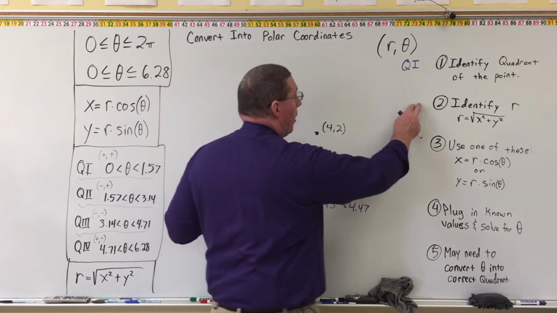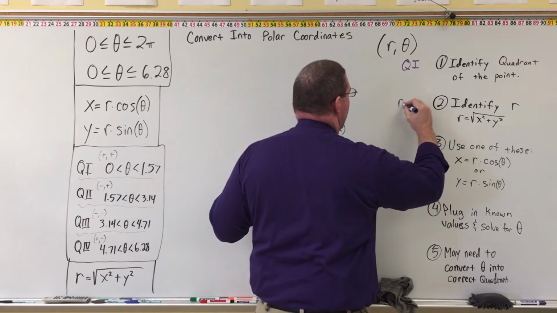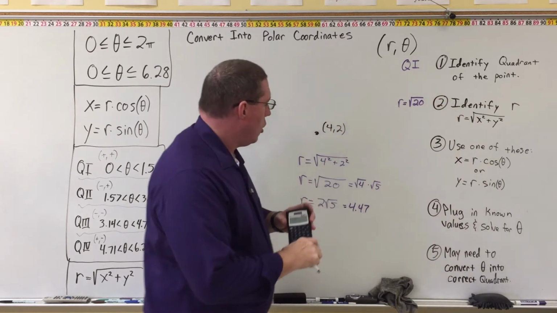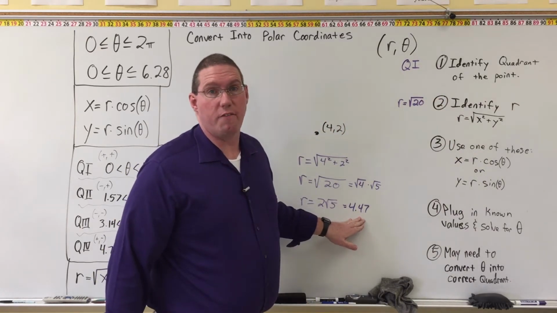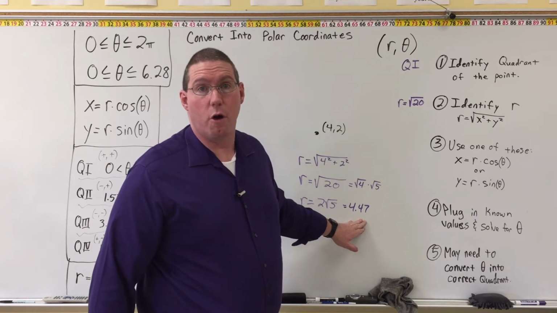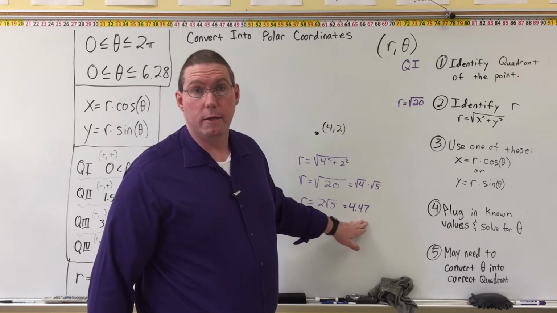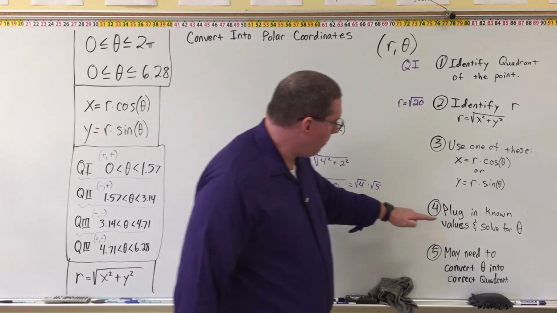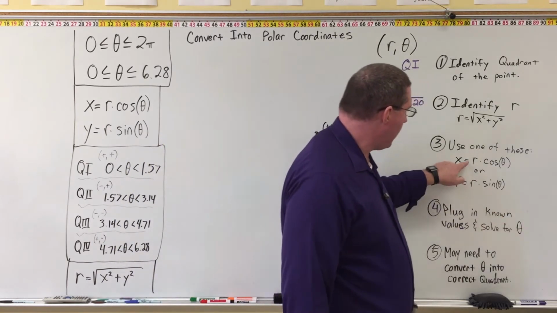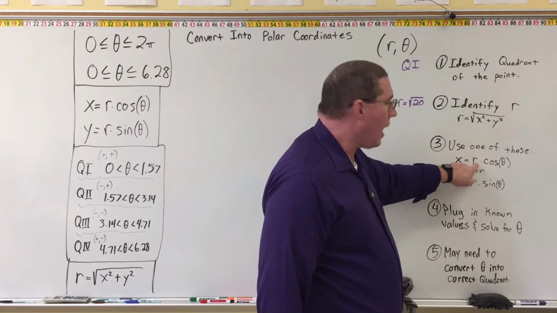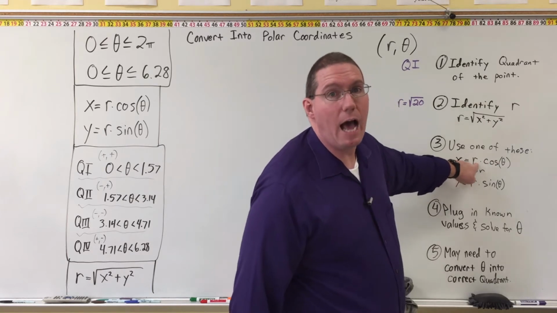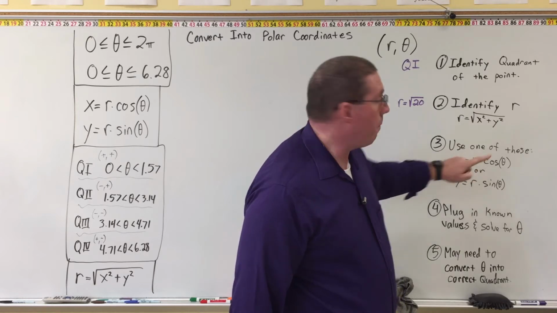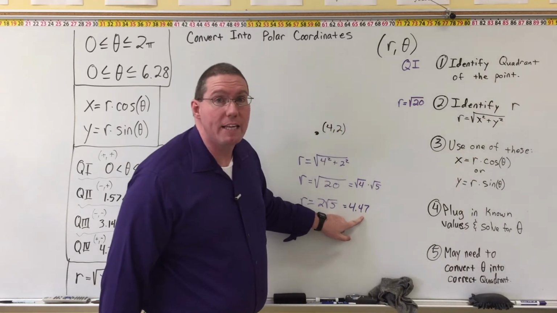I'm going to put up here r is equal to the square root of 20. Now let me tell you why. You can put 4.47 in for an answer in a box on the quiz online, that's fine. But when we solve for theta in one of these formulas, we cannot put 4.47 in for r. 4.47 is an approximation.